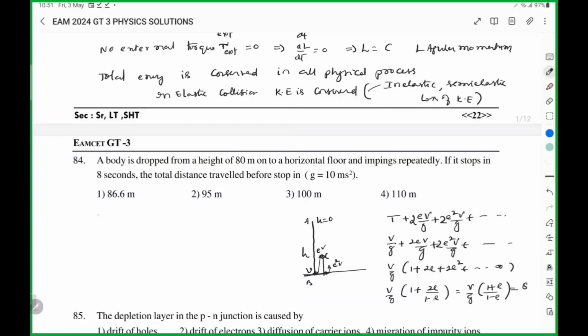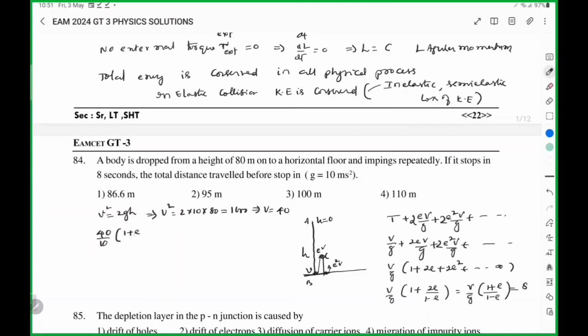So here V square is 2gh, V is 40 meters per second, since 8 into 10 is 80.